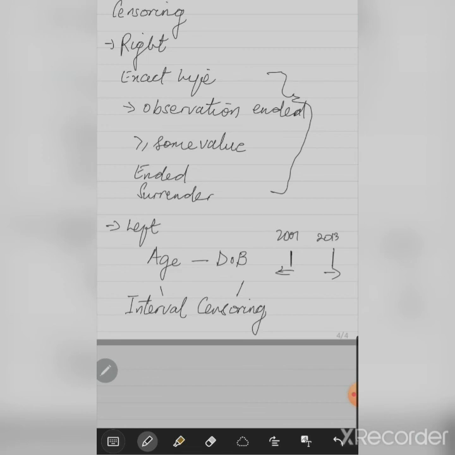That is what we are talking of as interval based censoring, which means that the right and the left are both typically treated as special cases, where one side is known and the other side is typically not known. So that is where interval censoring comes into the picture.